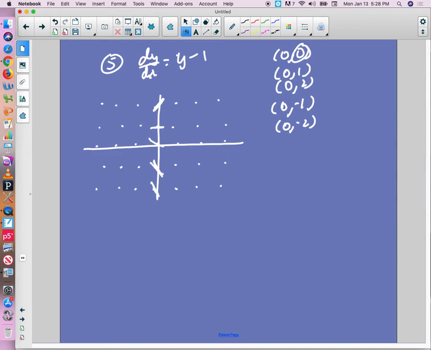So a little steeper. At 1, 0, I get negative 1. So everywhere that y is 0, you're going to get negative 1. And when you just have one variable to deal with, it's a little bit easier. So at all the 1, 1, 2, 1, and so on, your slope is 0.